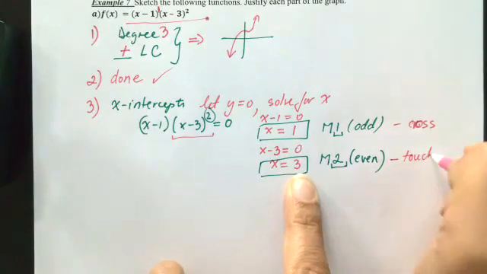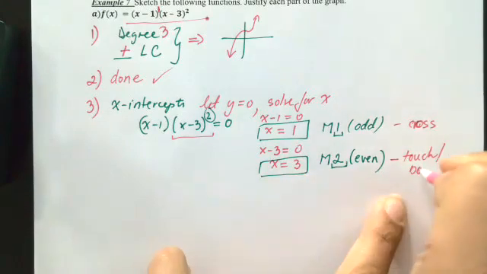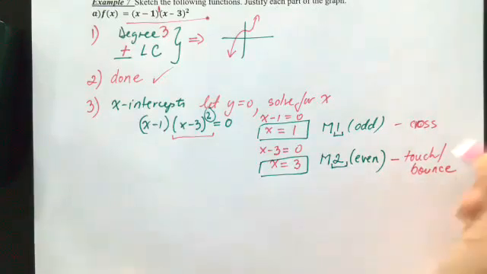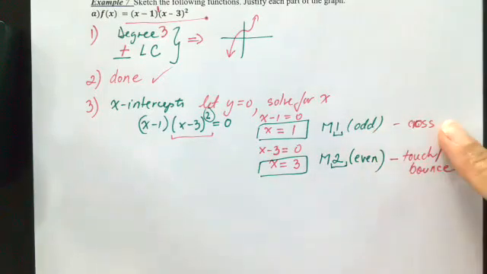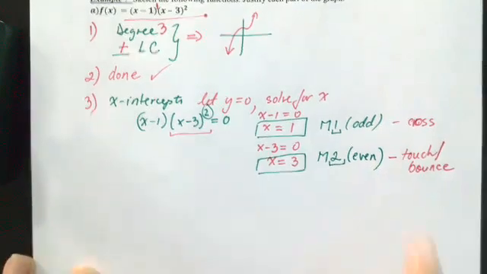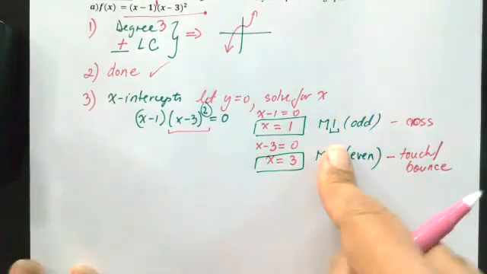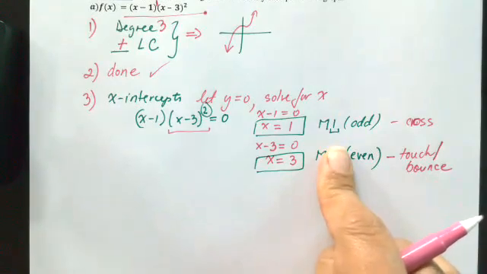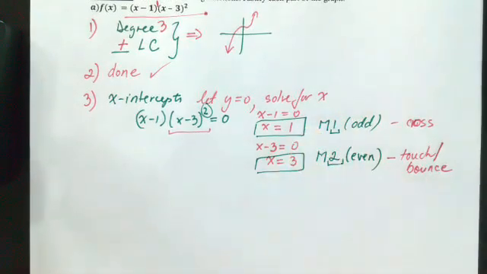So you will touch and bounce. Odds will cross, even will bounce. I'll show you, okay? For now, just write it in your notes. That's why I told you last class that the multiplicity is important, for this reason right here.